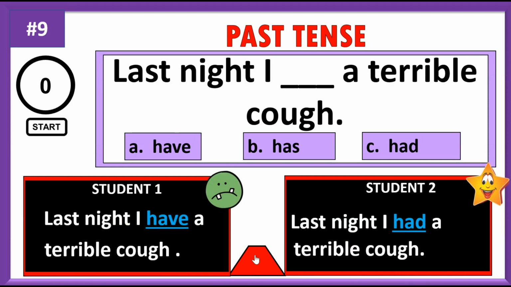Now, is it student 1? No. Is it student 2? Oh yes. Last night I had a terrible cough. I remember that time expression last night says choose a past tense verb. So student 1 is incorrect.